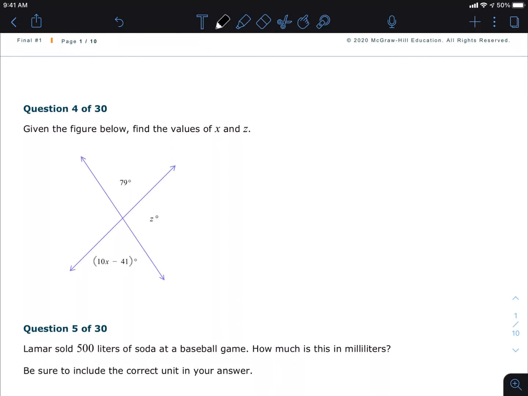Now, one of the things that's important with this problem here is we know that vertical angles are equal. So those two are equal to each other, right? So I'm going to go 10x minus 41 is equal to 79.